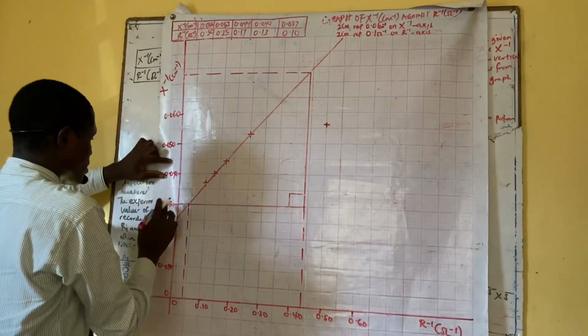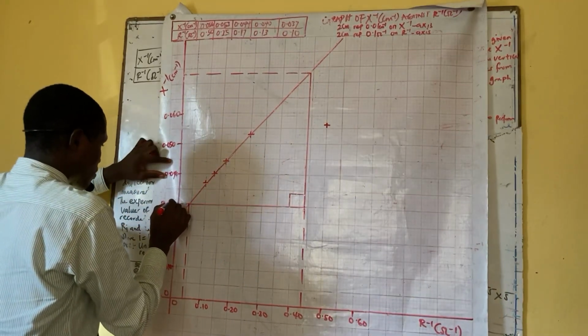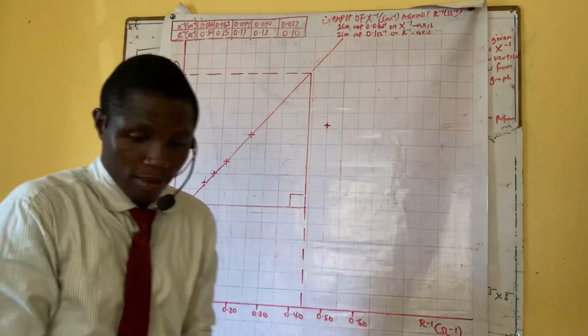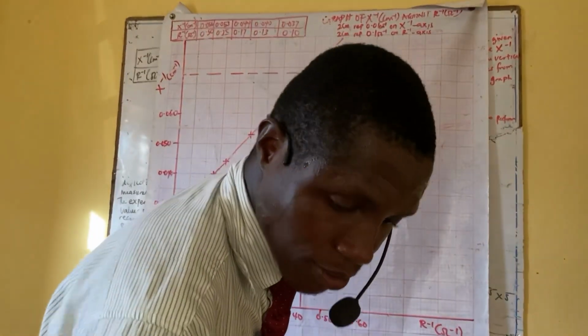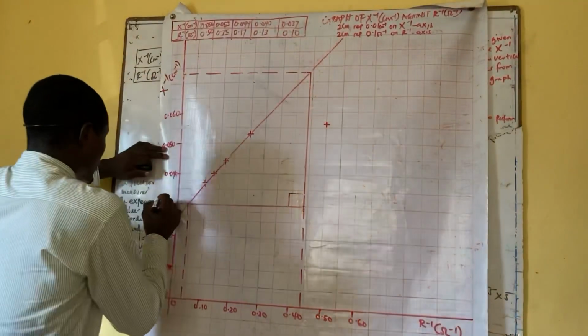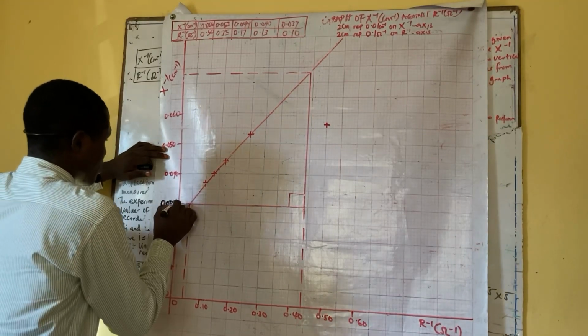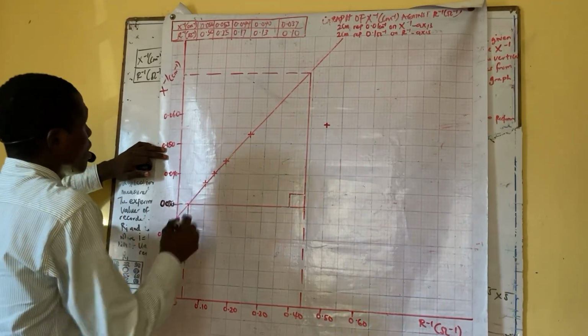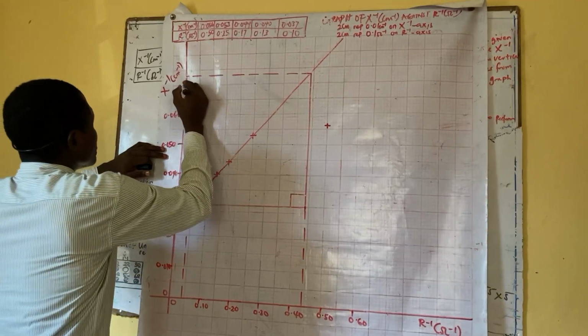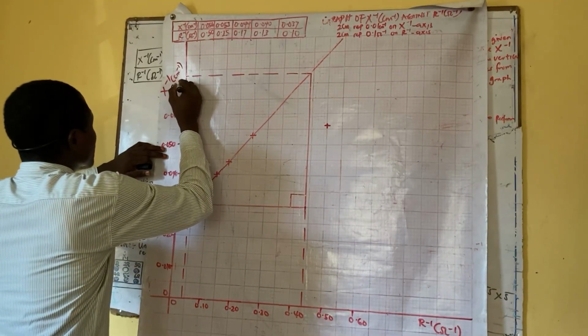So this is what, don't forget this 3. Let me take another marker. So we have what? 0, 3, 0 here. So we have, look at this, is going to be 0.070.